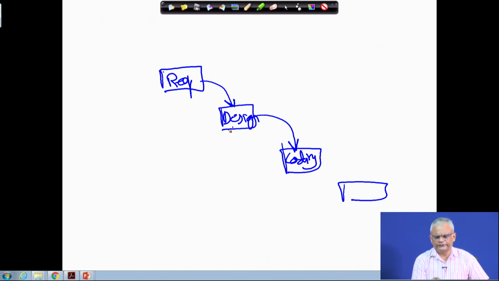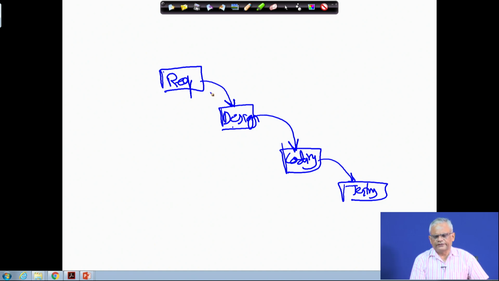So, this is a verification step, and the main goal of verification is to identify the bugs as quickly as possible, because if we do not verify whether the design is as per the requirements and the code is as per the design, we will finally find them possibly at the testing, and it will become very expensive, because the problem may be here that the design is not as per requirements.